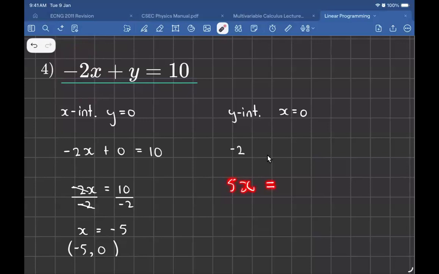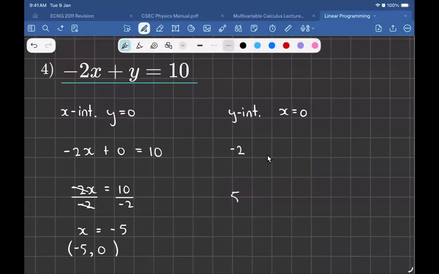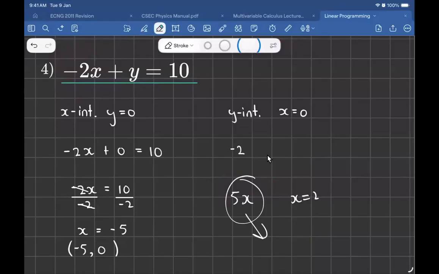Okay, so, all right, wait, 5x. If I tell you x is equal to 2, figure out what this would be equal to. If I have an expression 5x and I tell you x is equal to 2, what would that expression be equal to? Do you know?